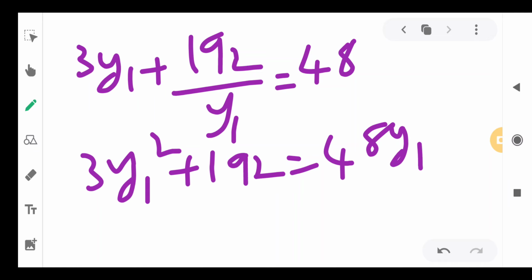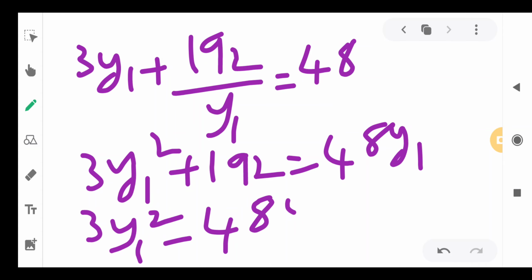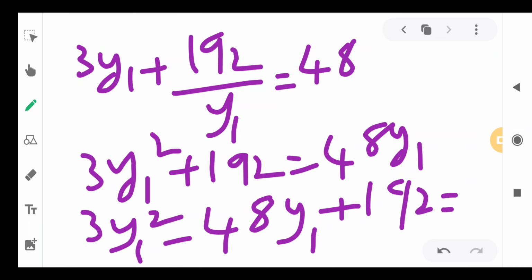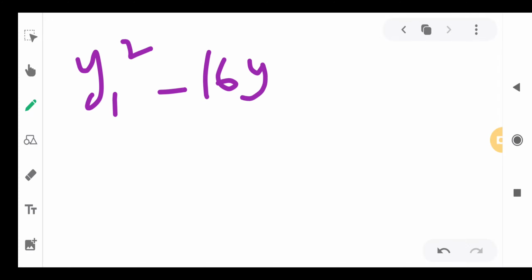If I bring all to the left side, it becomes a quadratic equation: 3y1 square minus 48 y1 plus 192 is equal to 0, right? If I divide by 3 throughout the equation, this becomes y1 square minus 16 y1 plus 64.